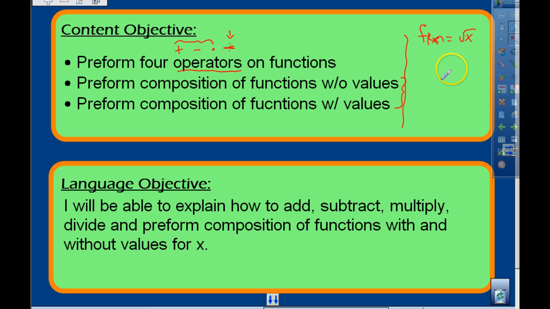What happens when you graph square roots? What does the square root of x look like? What does the square root of x plus 2 look like? What does the square root of x and then plus 2 on the outside look like? How would that compare if I was going to graph this?